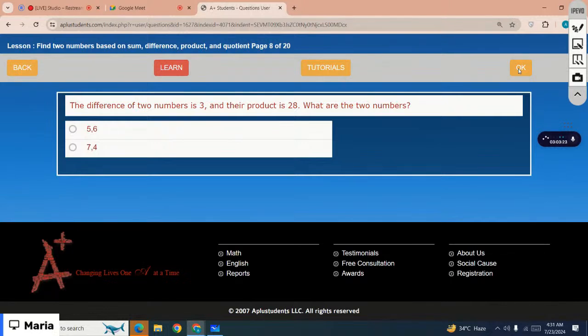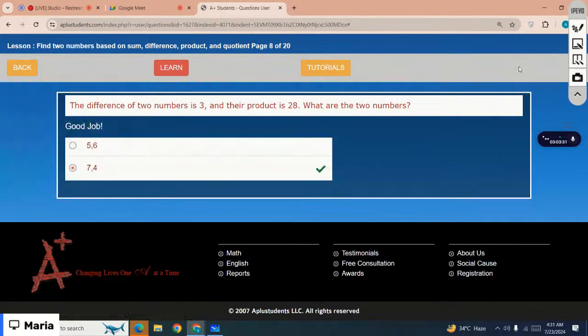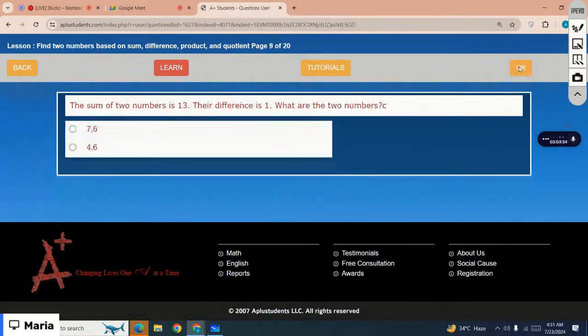Seven take away 4 is 3 and 7 times 4 is 28. So option number 2 is the correct option. Okay, you can complete the lesson by yourself later today. So let me just move on to next lesson.